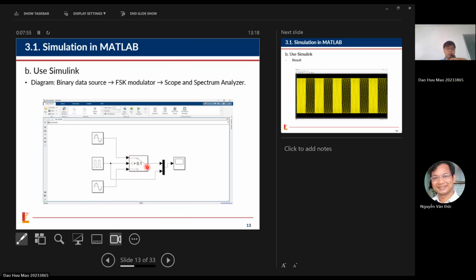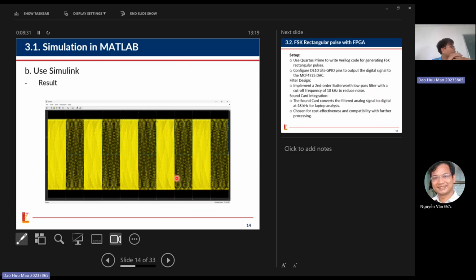If the input value of the switch is higher than 0.1, in this case 1, it goes to the lower one here, which is the frequency is higher, and otherwise the frequency goes to the upper one here, the frequency lower, and then the signal will display in the scope here, and here is the result.